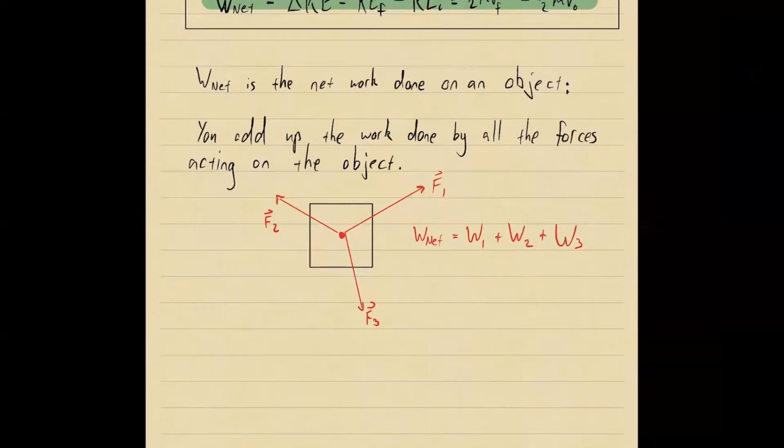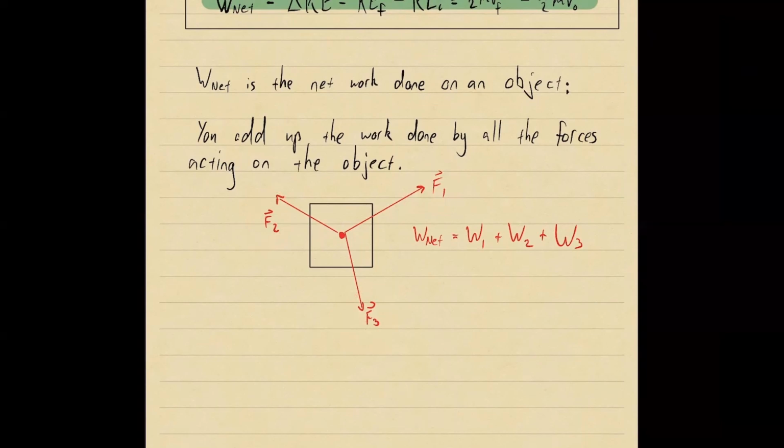As an example. So in order to figure out what these works are, we need to know the magnitudes of F1, F2, and F3. We need to know how strong these forces are, but we also need to know what the displacement of this box ends up being.